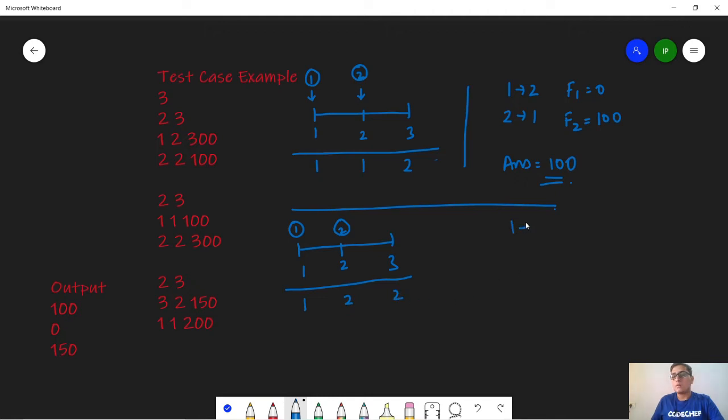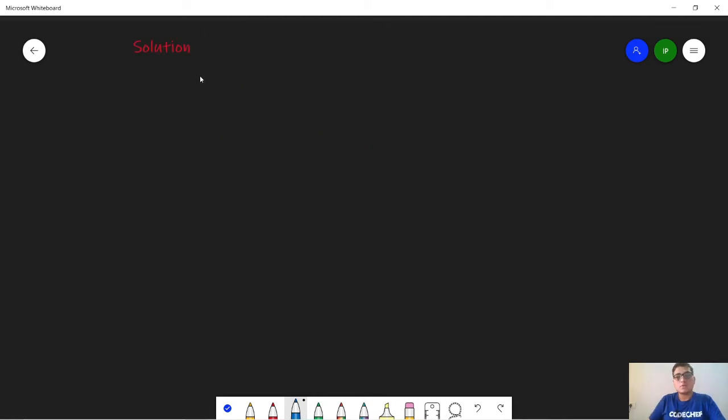So overall, trainer 1 took 1 lecture and trainer 2 took 2 lectures. The final sadness of both the trainers in this case is 0 because they took the corresponding lectures given in the question. The answer is also the sum, which is 0. So guys, try to do the same thing for the third test case yourself. Moving on to the solution.